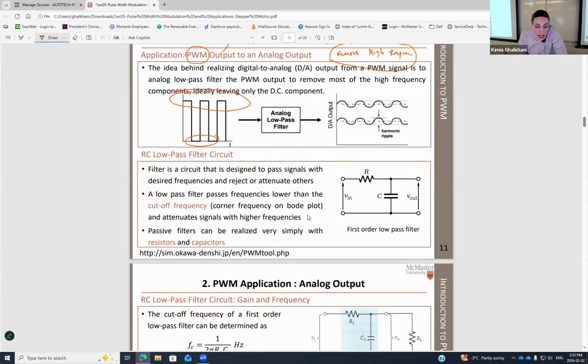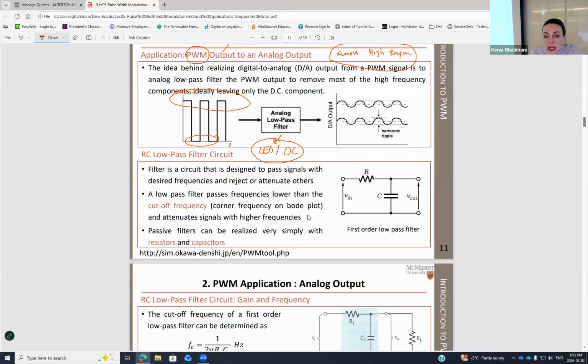So then the filter is acting as the load, like an LED. This filter in here is like an LED or DC motor. This is acting as a load. This is the analog low pass filter. When I say load, it means I'm supposed to get rid of some voltage.